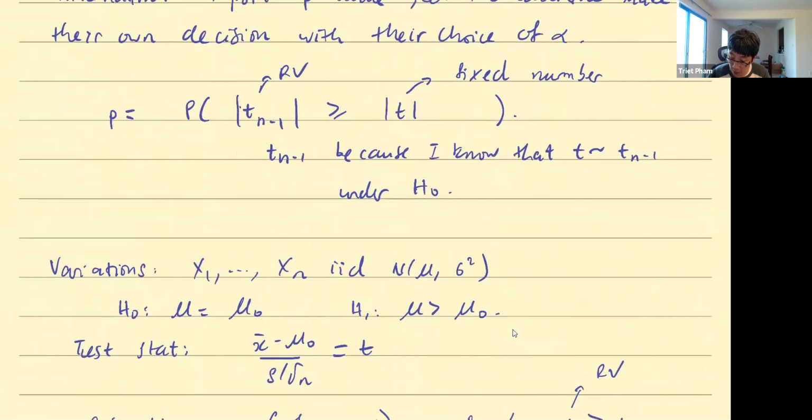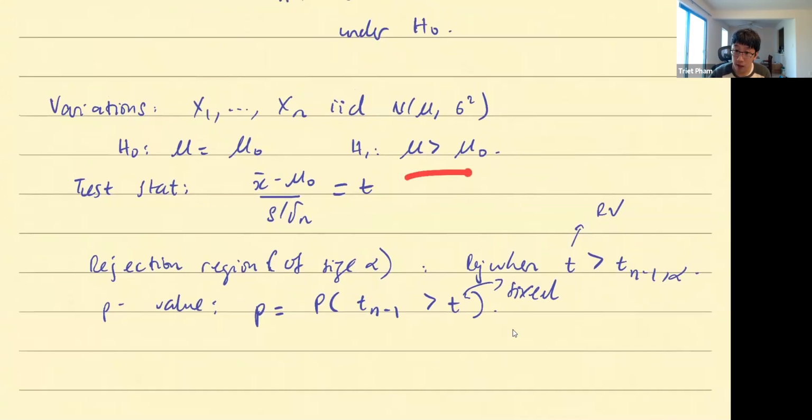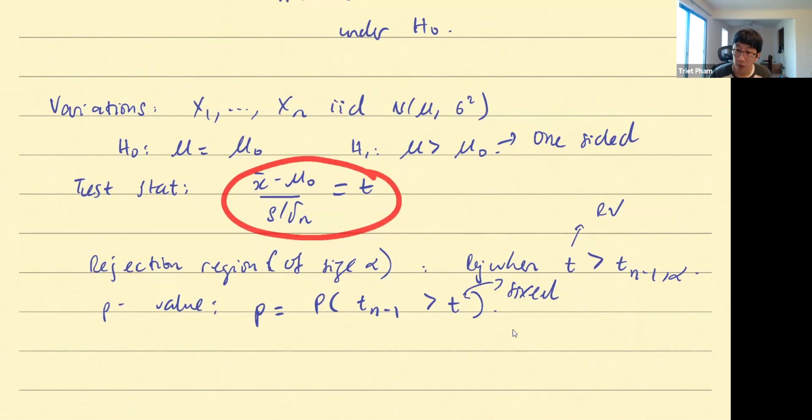Here, what I'm telling you is a one-sided test. This is a one-sided test, but it's the same intuition. This is my test stat. But now I will only reject if this is large in the positive direction, because this is what I'm caring about. In other words, I will reject when this is large enough, but large enough here is this.